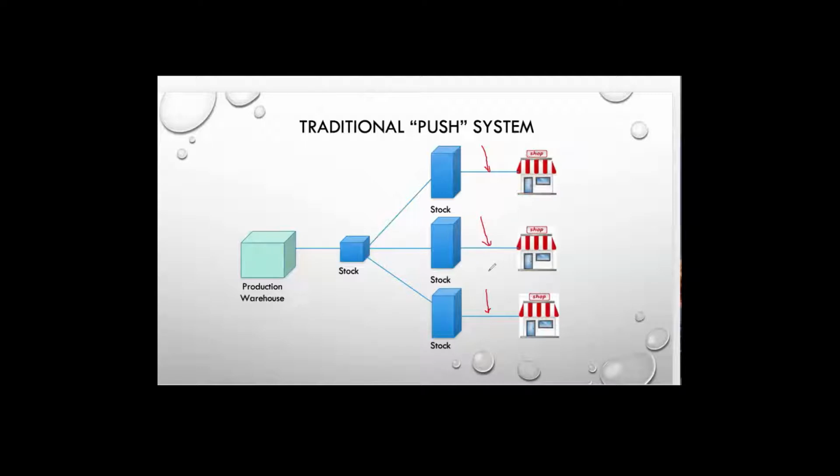But the goal for a push system to reduce inventories is to share the safety stocks with as many retailers as possible. And if you don't remember the concept of risk pooling, there's a video in one of the assignments where I went over risk pooling and the concepts behind this.